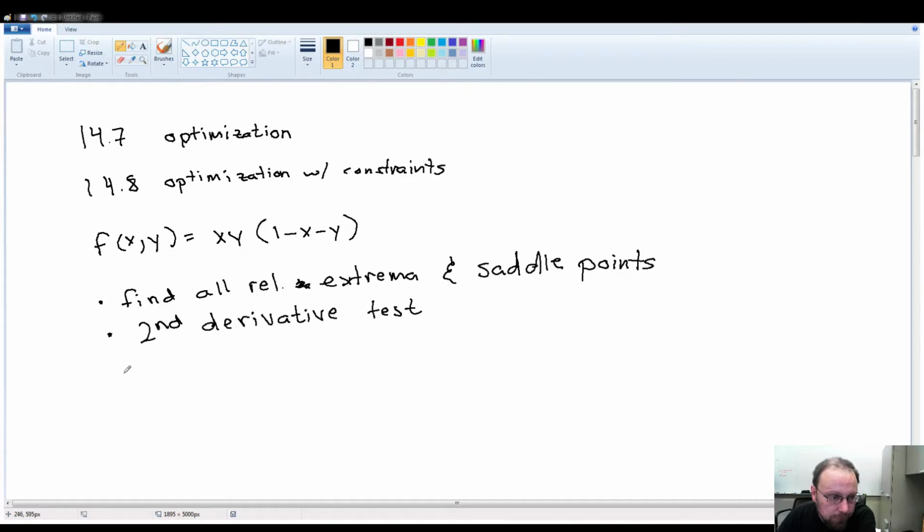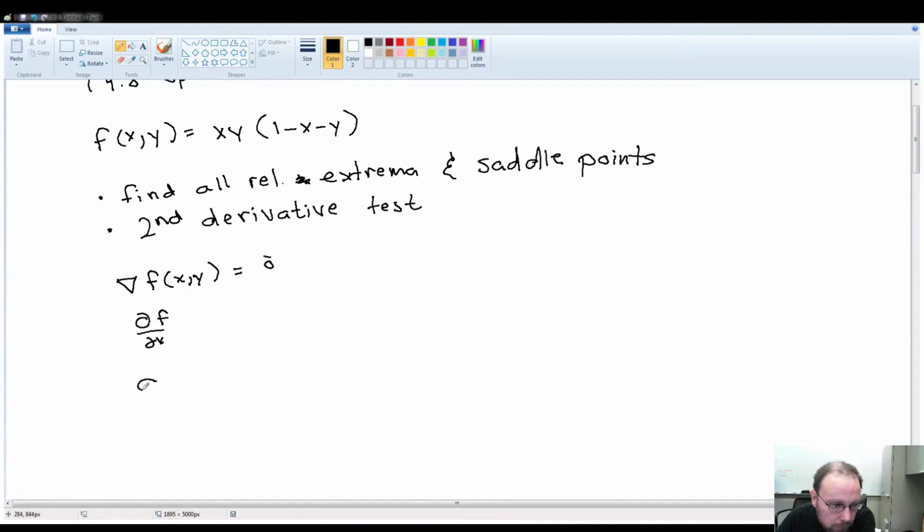All right, so the first thing to do will be to find the gradient of the function and set it equal to the 0 vector. Of course, what that amounts to is finding the partial derivatives of your function and then setting them equal to 0 simultaneously, which will then give you a system of equations in which you can solve for the critical points.